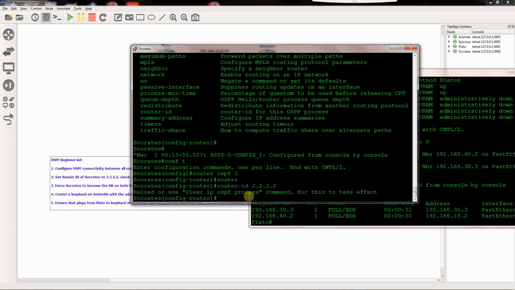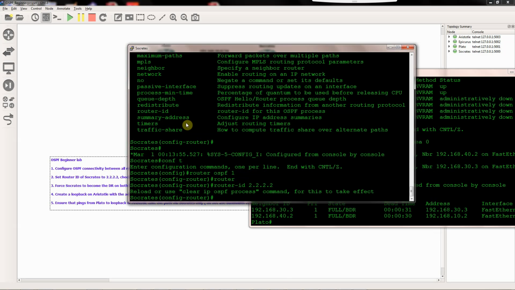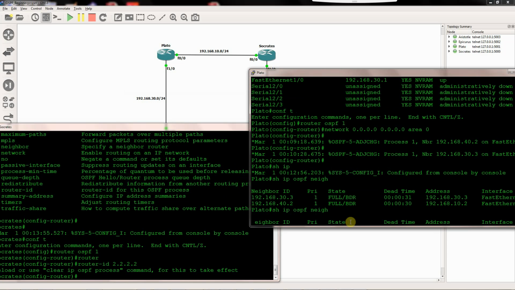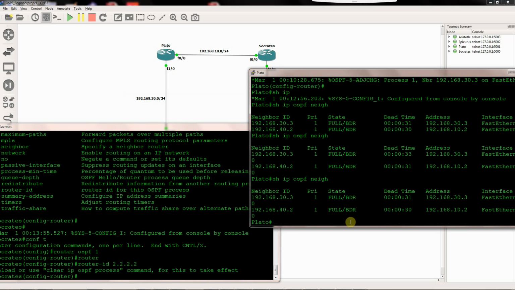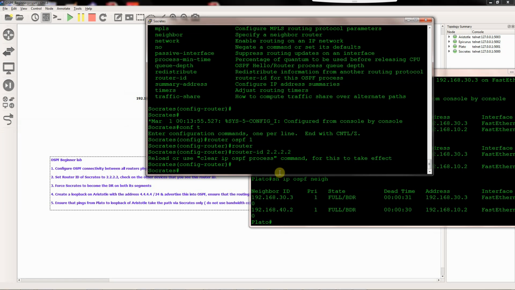You can see here it tells you to reload or use the clear IP OSPF process command for this to take effect. So if we were to look on the neighbour now, on say for instance Plato, we won't see any change in what the neighbours are called. So let's clear it from Socrates.